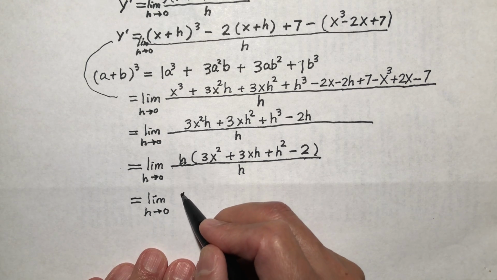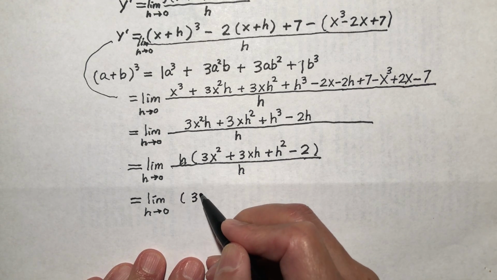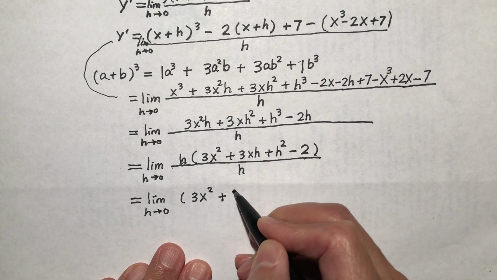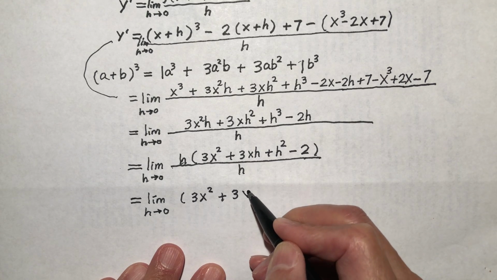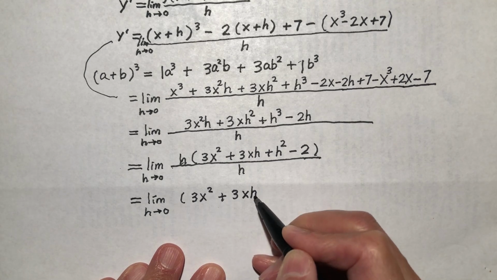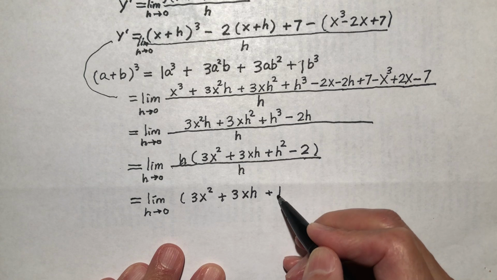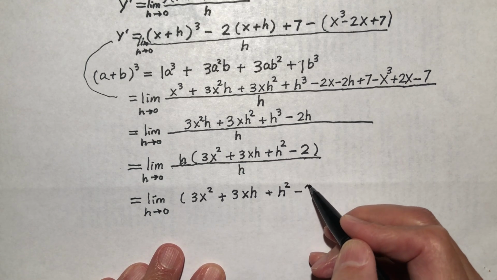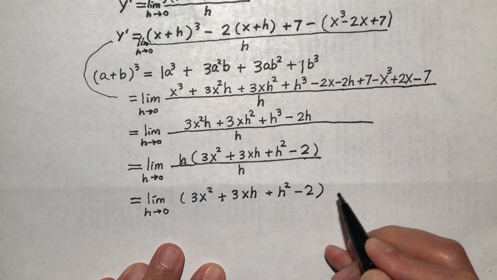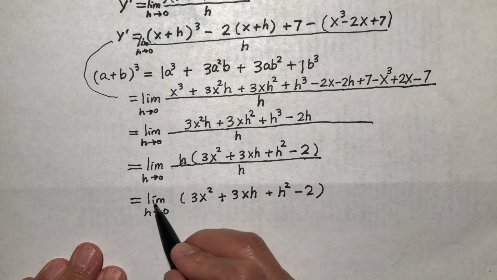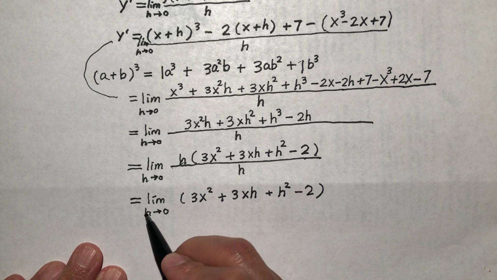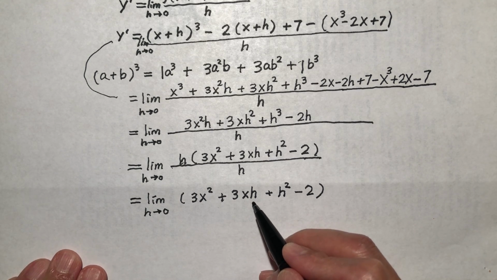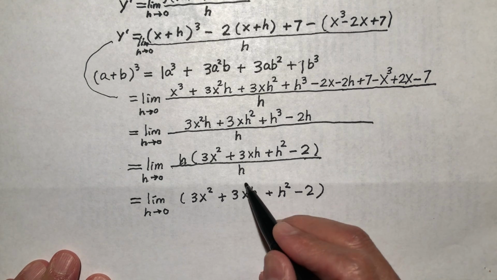So I have 3x squared plus 3xh plus h squared minus 2. Now I do the limit. The limit is h goes to 0. Now look here. This h goes to 0, so this is gone.